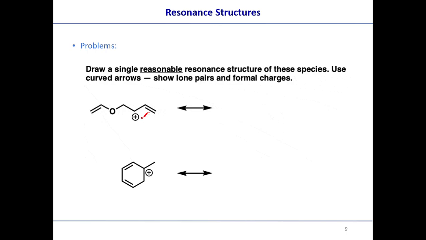This double bond can delocalize here, and if this double bond forms a bond here, the positive charge will move here. Why? Because if this pi bond breaks, one carbon will become electron deficient and one will become electron rich, because this is a polar reaction.